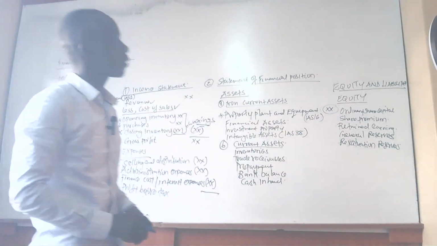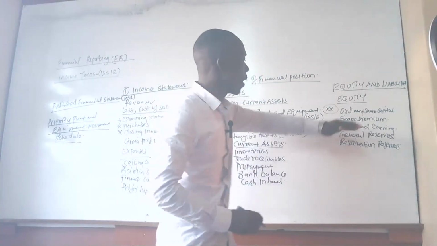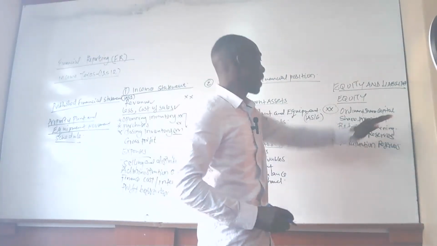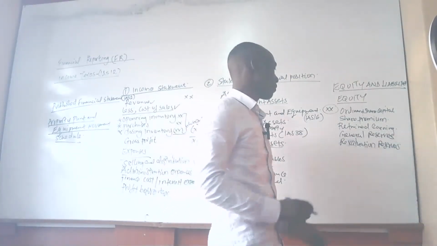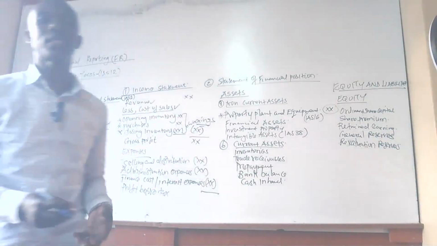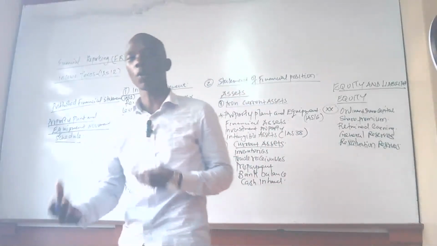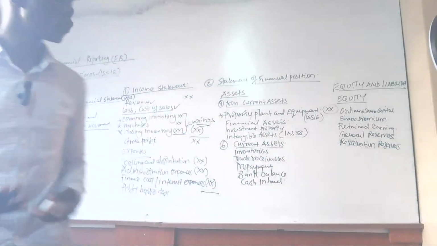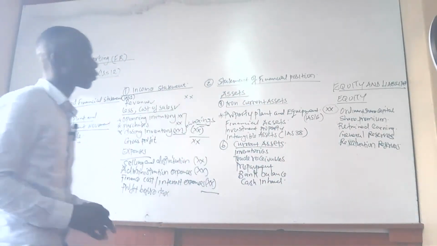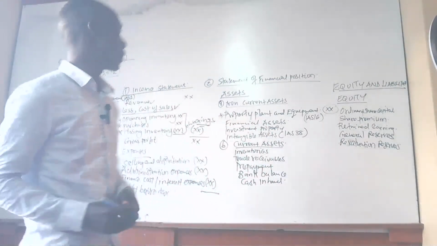So under the equity, we are going to look at the ordinary share capital, share premium, retained earnings, general reserves, and maybe revaluation reserves, depending on the items that will be available on a question per question basis.